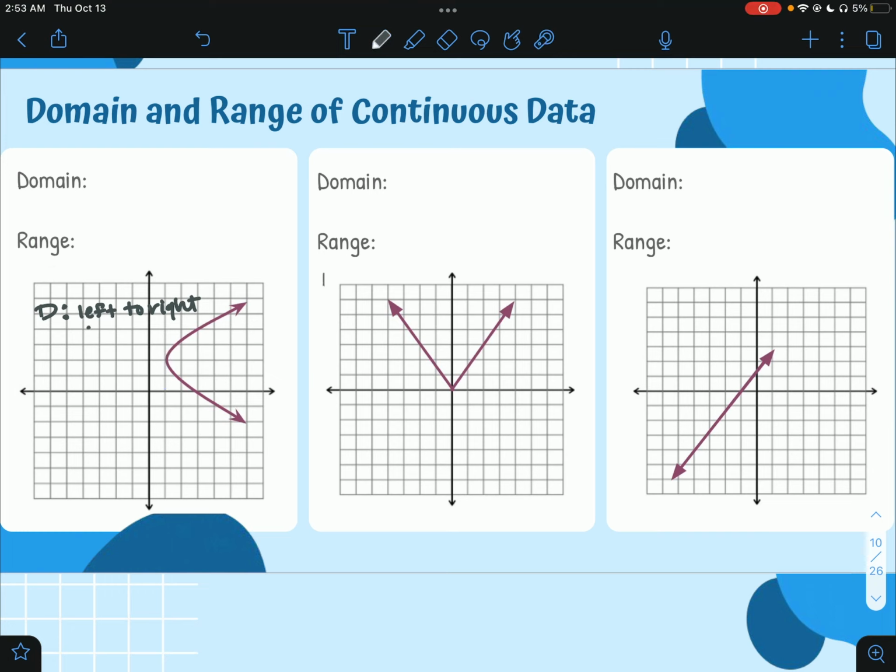So we have from 1 to, then we take our pen and put it on the furthest right, except we see that the furthest point to the right isn't a point, it's an arrow. What that means is it keeps going and going. Although this one is getting lower as it goes, it's going to continue in that outward direction forever. So we would say from 1 to infinity.